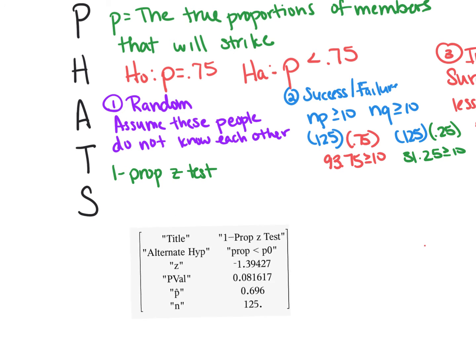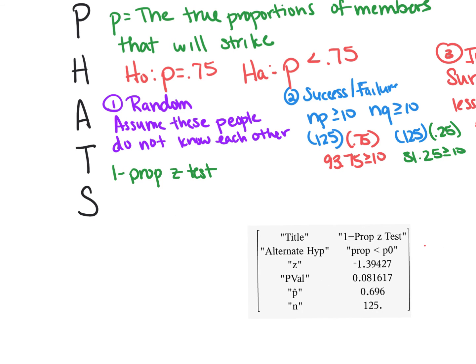So here are the values that I'm going to be looking at. And this is a one proportion z-test. I'm interested in that z value. My z here is equal to negative 1.394. And remember, I need to write this probability statement. The probability statement says probability of the z statistic, and I use the alternative next.